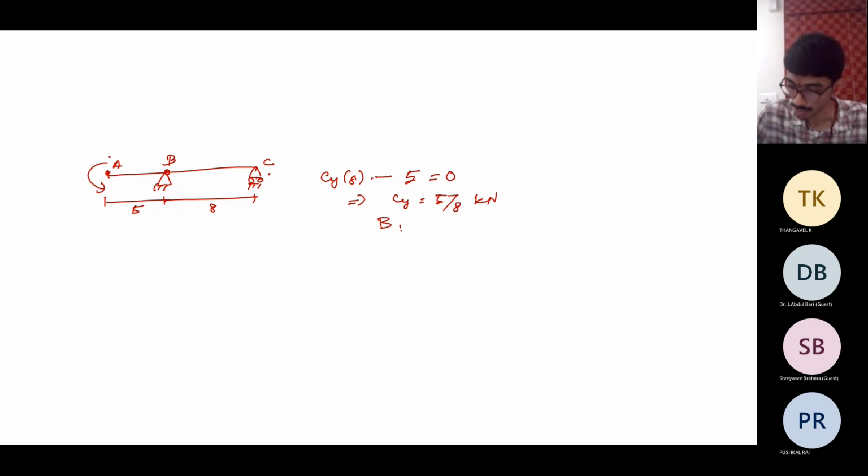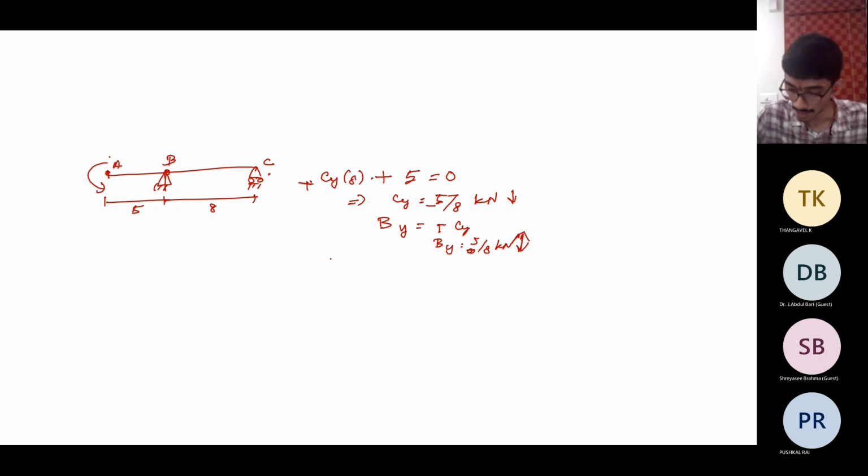But By is equal to minus Cy because they are the only two forces acting on this beam, which means By is equal to 5 by 8 kilonewtons downwards. So By is upwards and Cy is downwards.